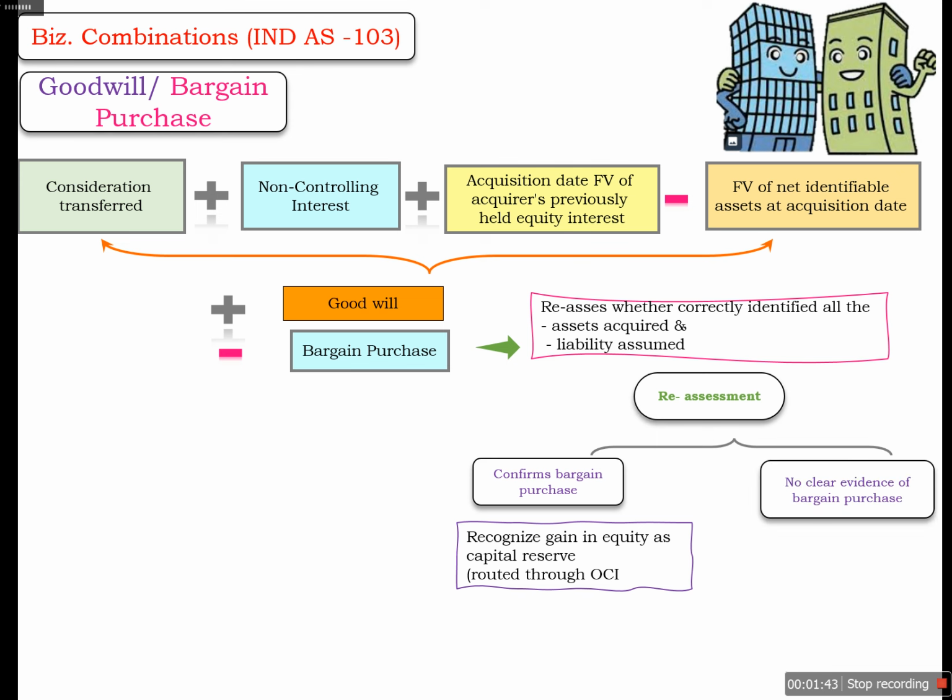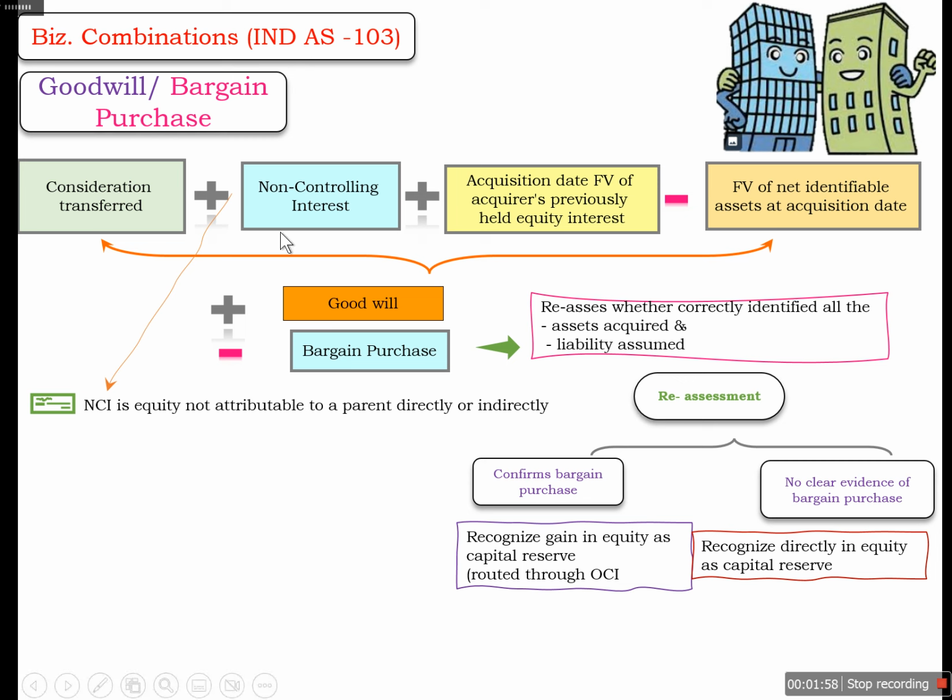If there is no clear evidence of a bargain purchase and we could not identify the reason for it, in that case we will directly recognize the bargain purchase in equity as capital reserve.